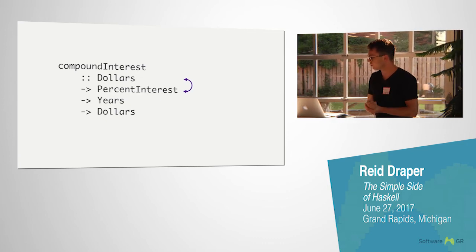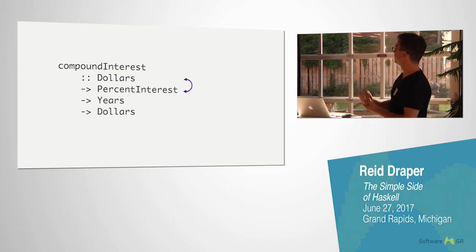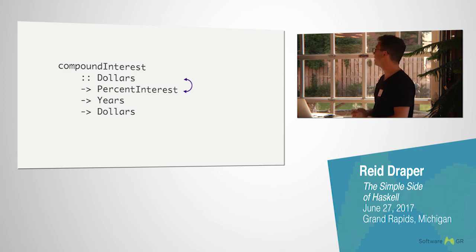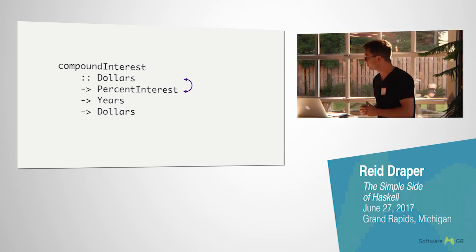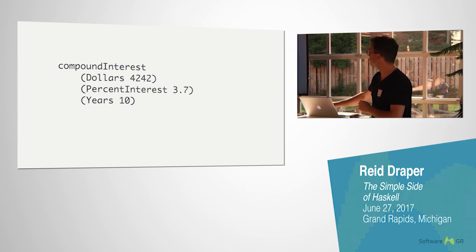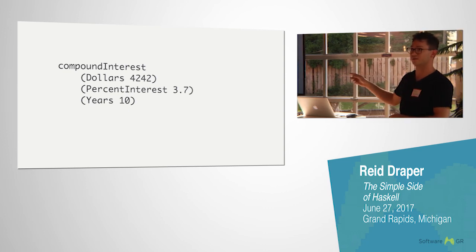However, if we were to give real names, and I've now added a name to the function, if we swap the function to now take %interest first and dollars second, and somebody tries to call the function with dollars first and %interest, their code is going to fail to compile.